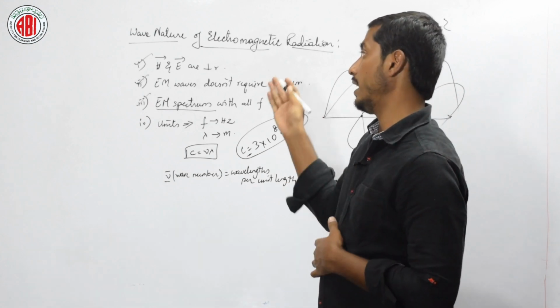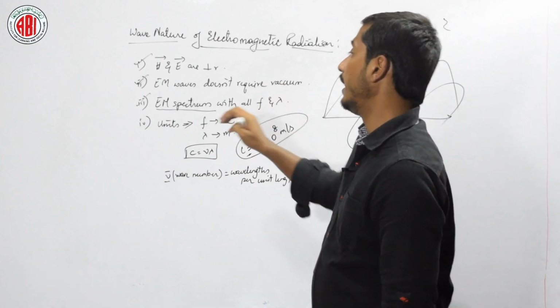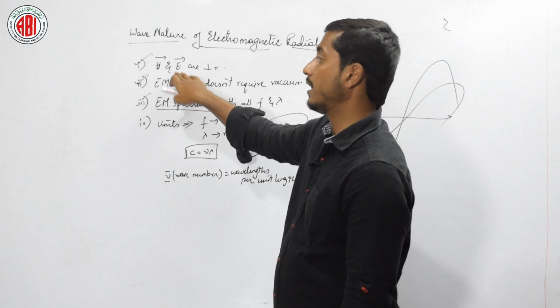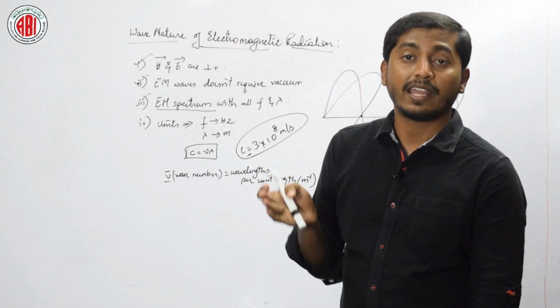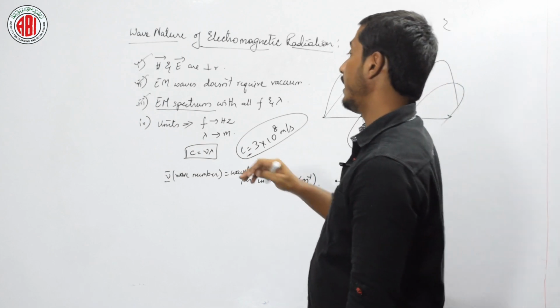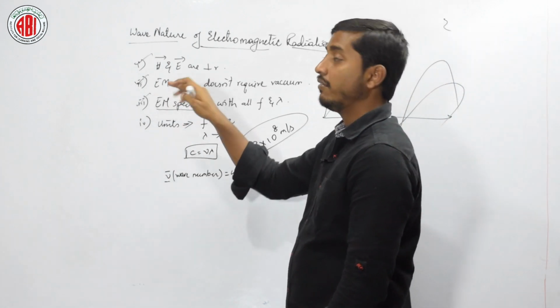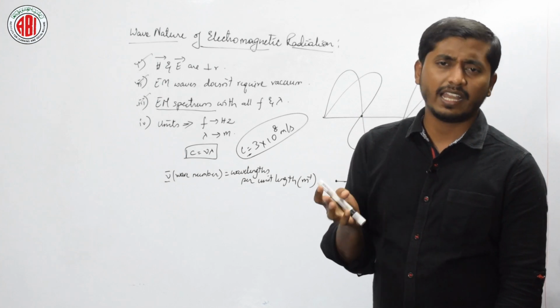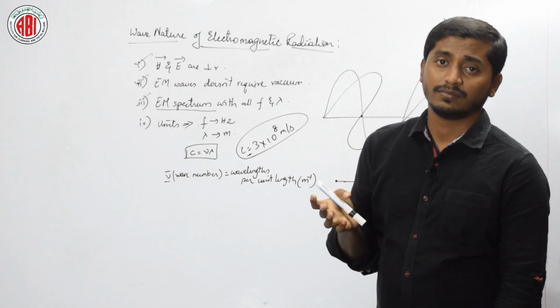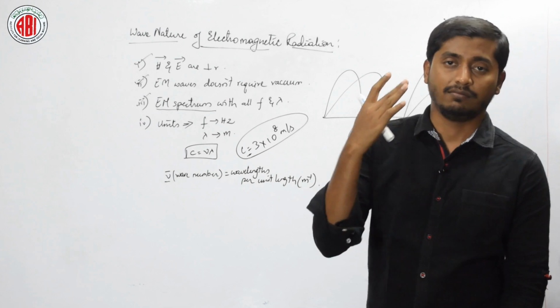What are the different points he explained in this wave nature? He tells that the magnetic field and the electric field are always perpendicular to each other and perpendicular to the direction of propagation. Next, the electromagnetic wave does not require any vacuum or any kind of medium to travel. It can travel through anything.